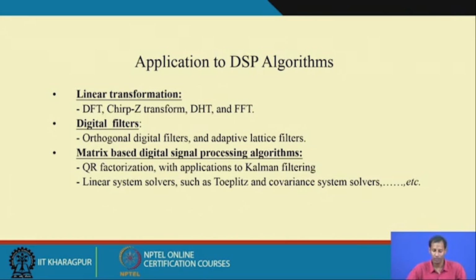Then there are matrix based digital signal processing algorithms like QR factorization with application to Kalman filtering, and linear system solvers such as Toeplitz and covariance system solvers. So, for matrix based operations, whether multiplication or factorization, we use CORDIC.